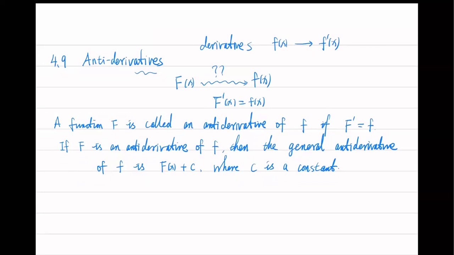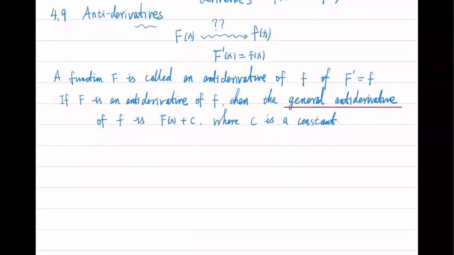Okay. So about the general antiderivative. It's one antiderivative with an additive constant. You can add 1, add 2, -5. You have the same thing because when we take a derivative, the derivative of a constant, what's that? It's 0. Yes.